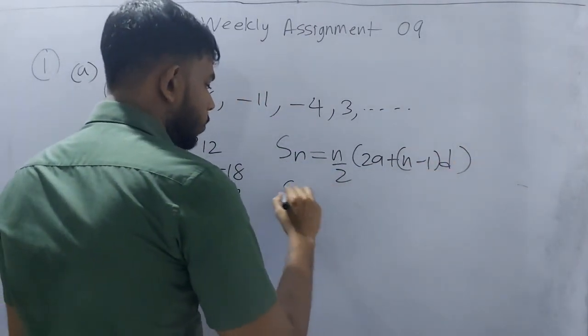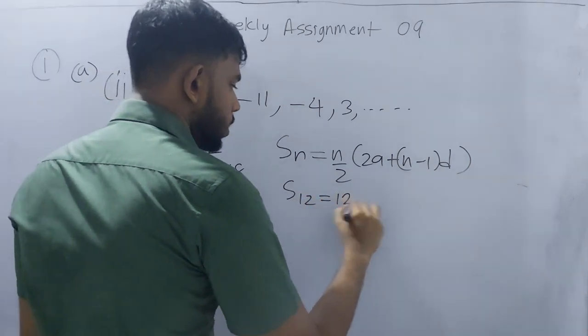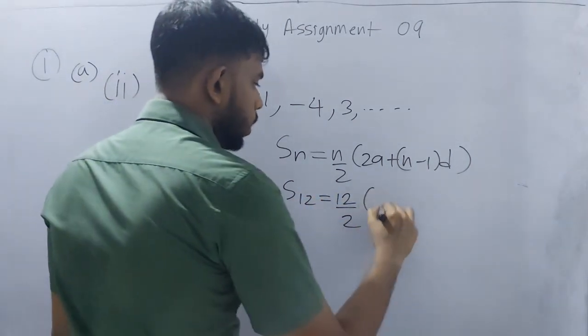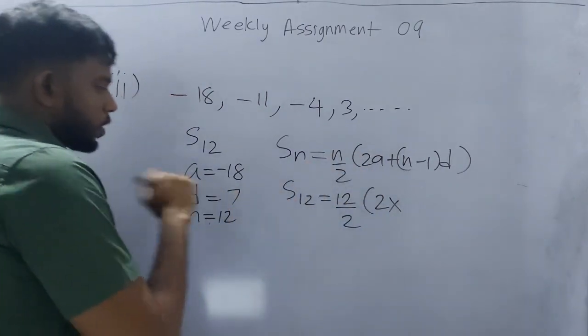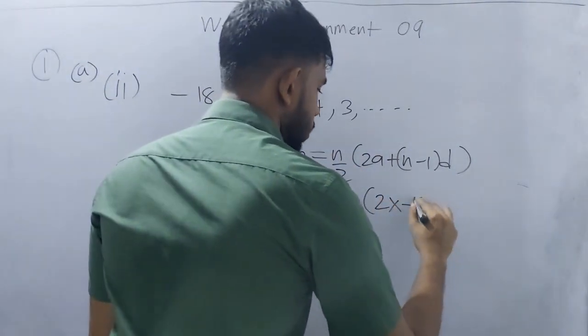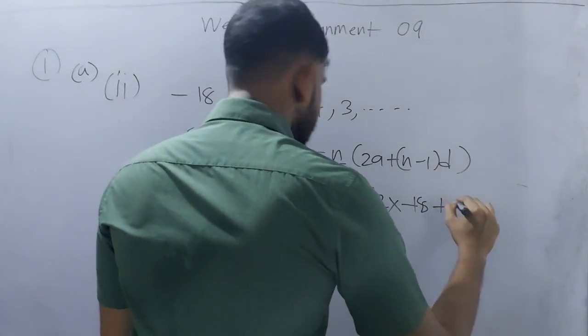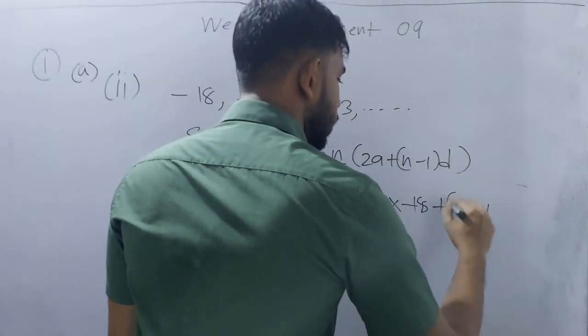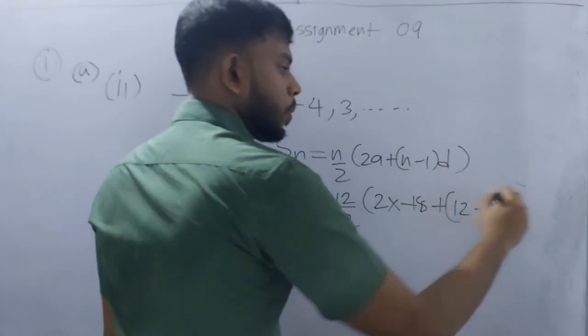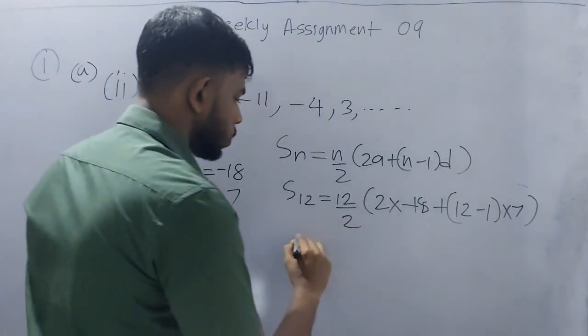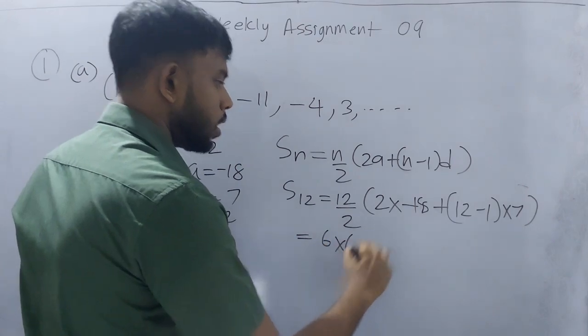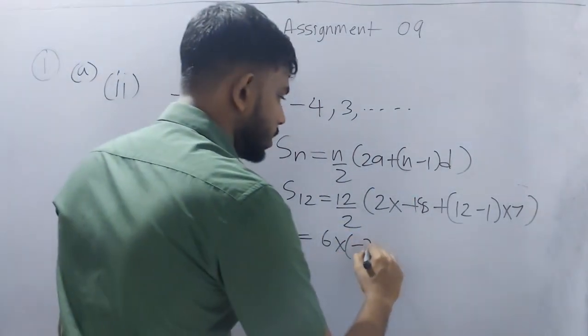So here you are finding S12. So n is equal to 12, 12 divided by 2 into 2a. So your first term is minus 18, plus n is 12. So 12 minus 1 into the common difference, which is 7. So this is equal to 6 times 2 times minus 18, that is minus 36.